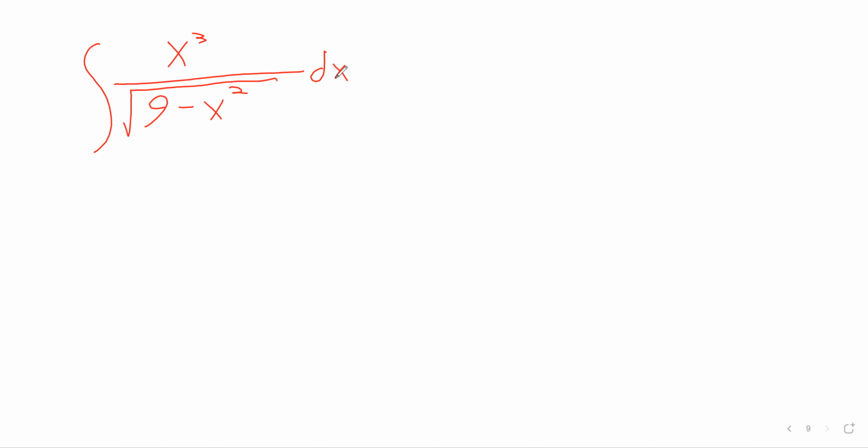Again, there are no absolute rules in calc to this. If instead of x cubed, we had x, then even though we have this square root, trigonometric substitution would be overkill.